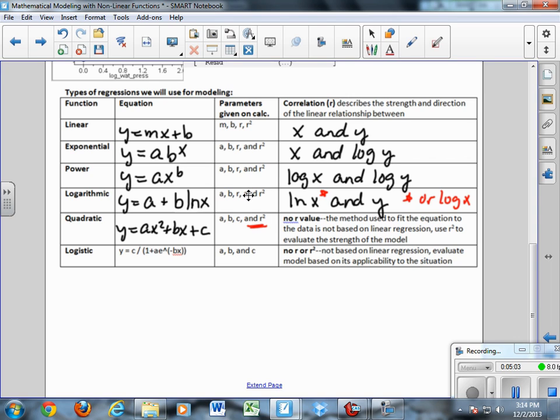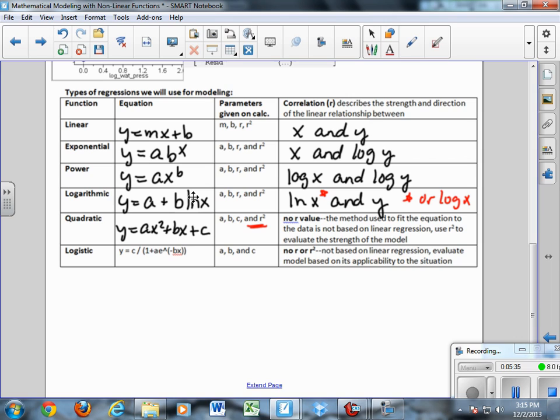In a linear graph, R describes the strength and direction of the linear relationship between the original two variables, x and y. In an exponential, however, it's describing the linear relationship between x and log y, in a power between log x and log y, and in a logarithmic graph between the natural log of x and y, or log x, but your calculator uses natural log.